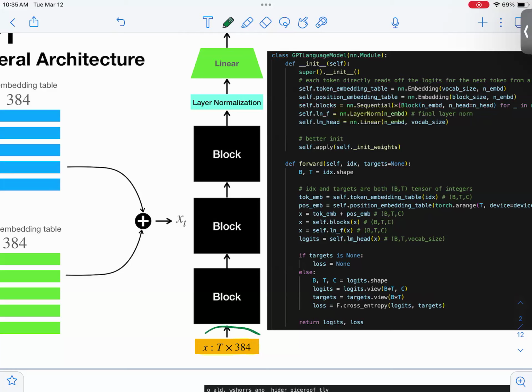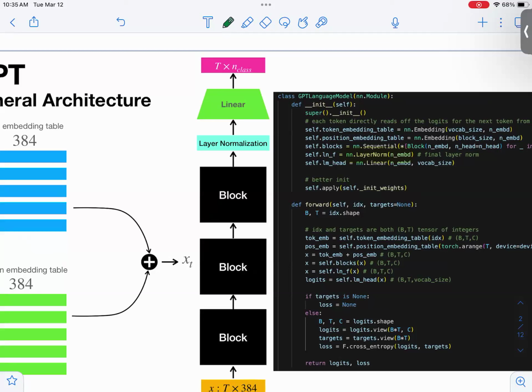So you have this x passes through a bunch of these blocks. These are the layers, so that's where the deep learning comes in. You just concatenate many of these, and then the layer normalization, and then the linear. The linear part is just a linear map that maps from 384 back to, let's say, 65, which is our vocab size. So this is the number of classes.